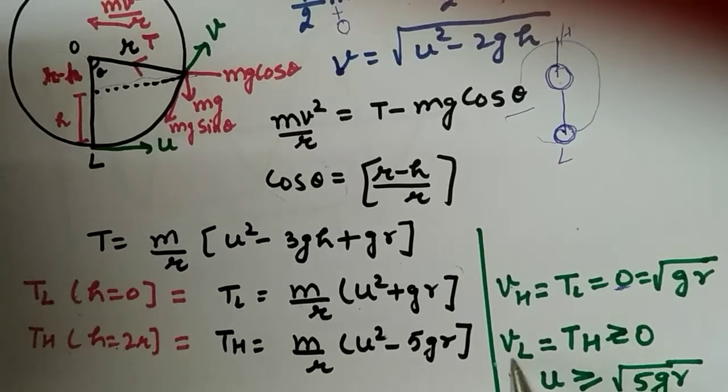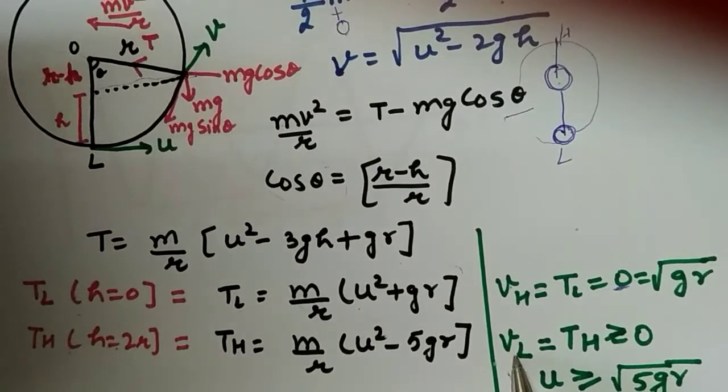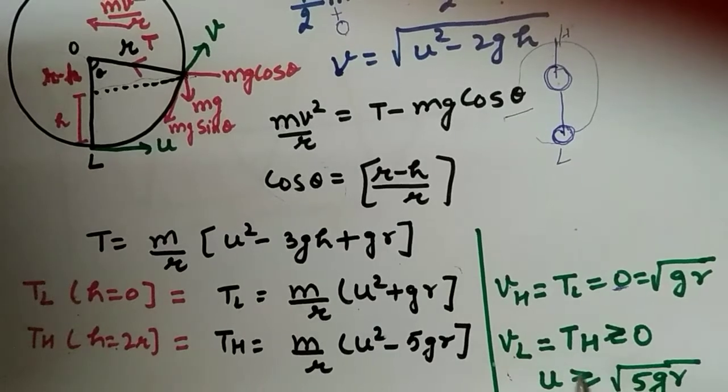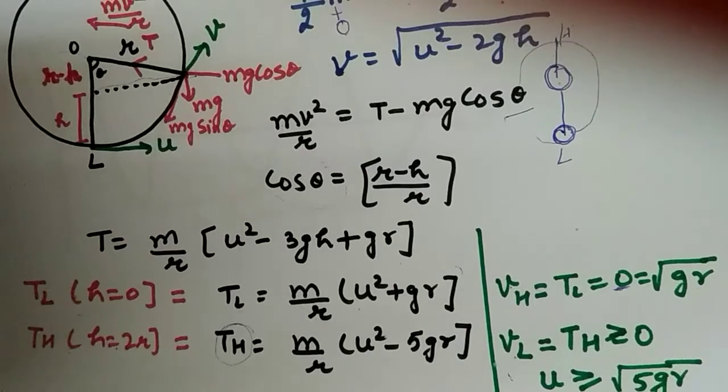So the velocity required at the lowest point for looping should be more than or equal to root of 5gr, because in this case I am taking tension at the highest point to be greater than or equal to 0.